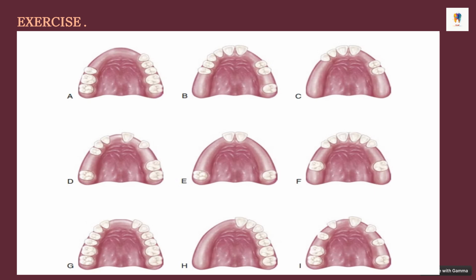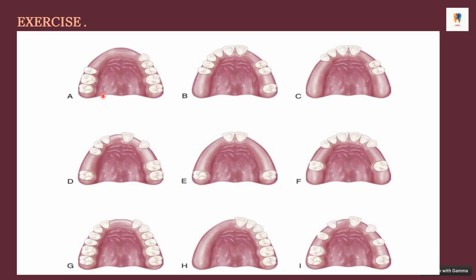There is a little exercise that I included in this lecture to help you understand Kennedy's classification. Now you see this here, it will clear out this 8th rule.